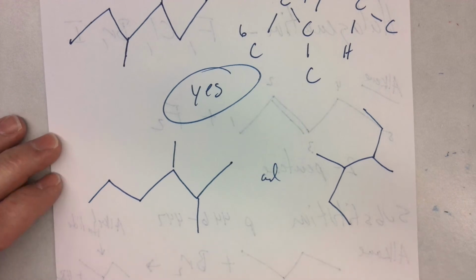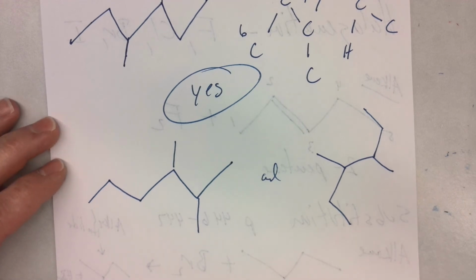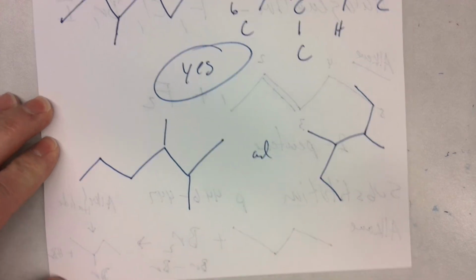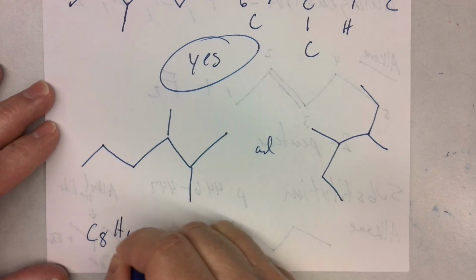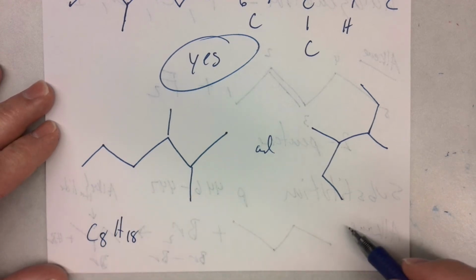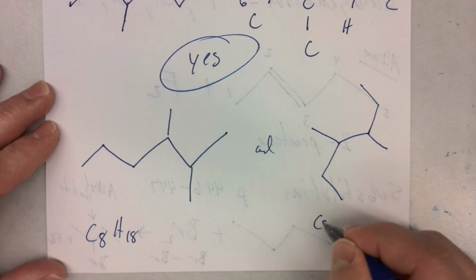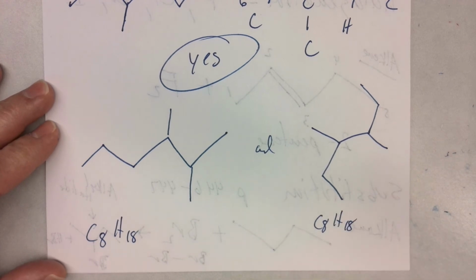What's my formula for the left one? CH, I forgot how many H's I counted. 18, I think. C8H18. What about this one? Is it the same? Are they the same compound?